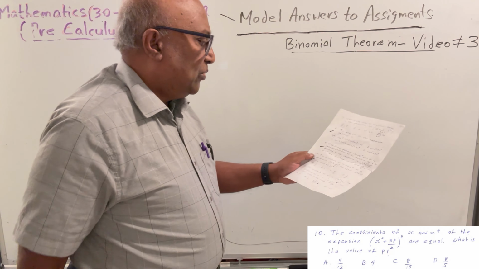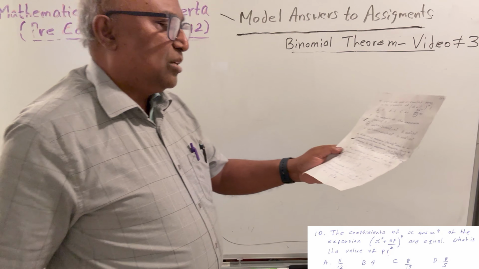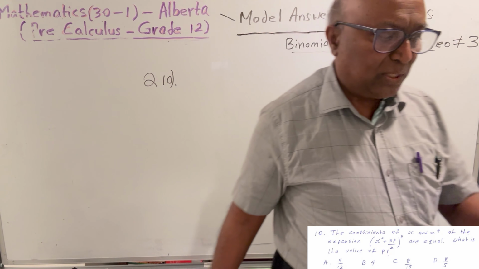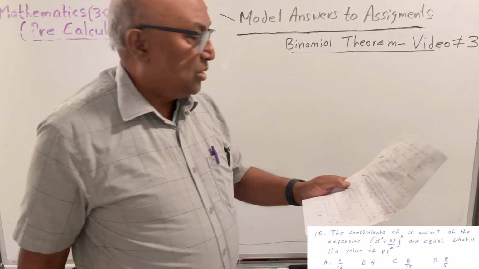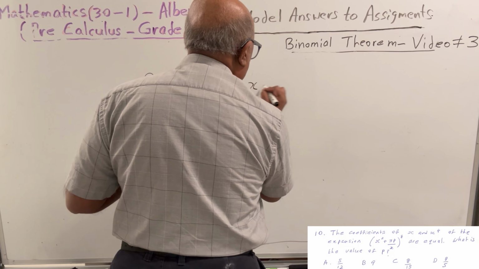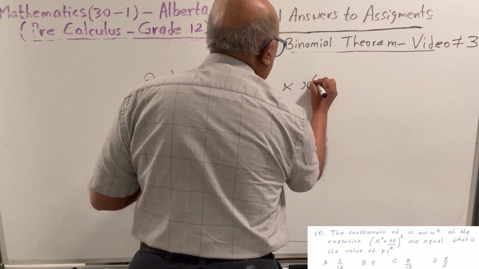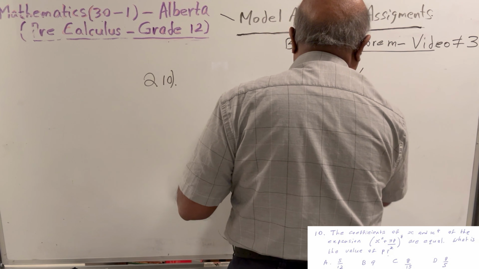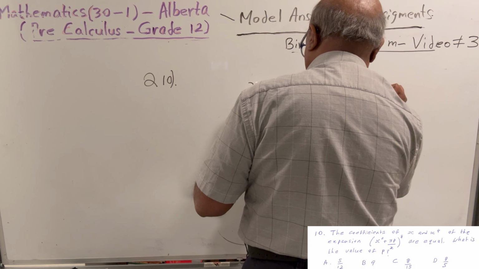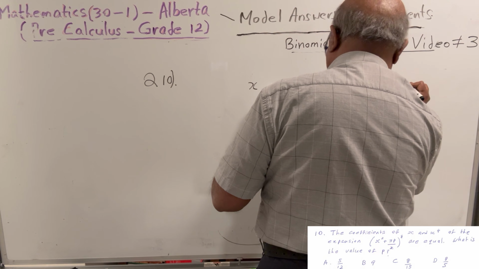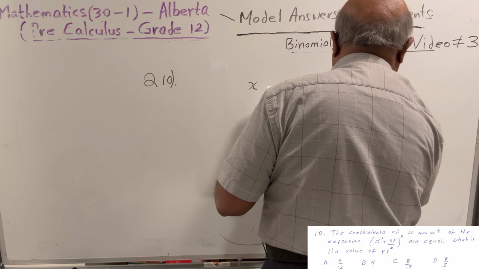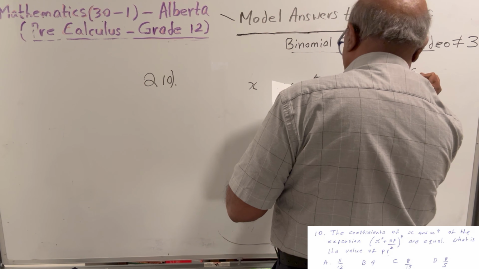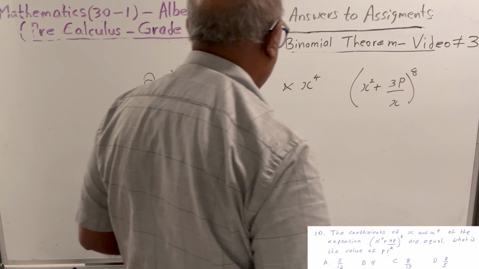Question number 10 says the coefficient of x and x^4 of the expression (x squared plus 3p upon x)^8 are equal.